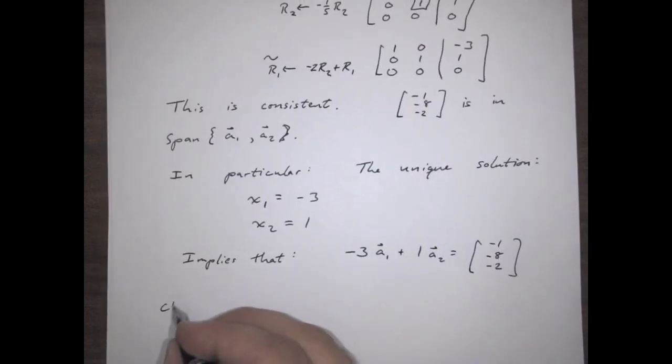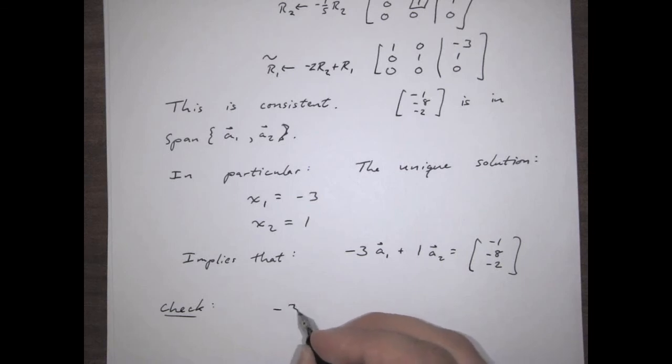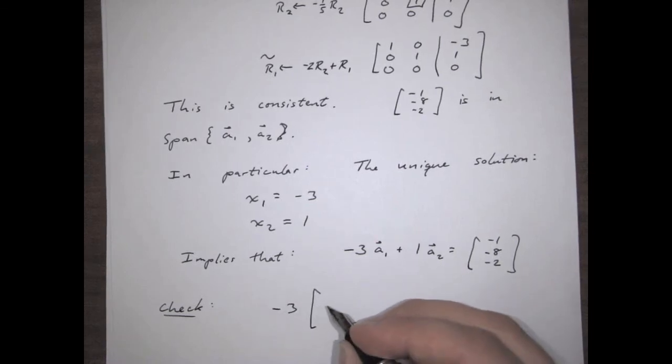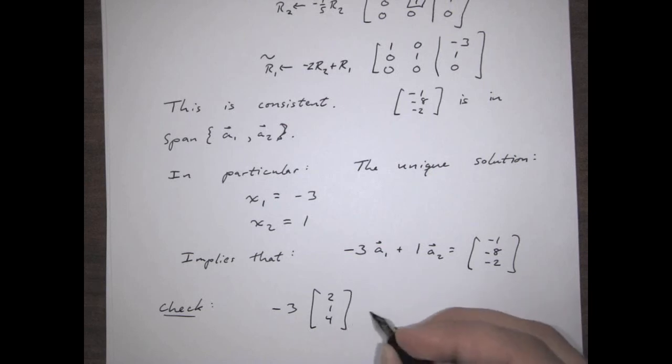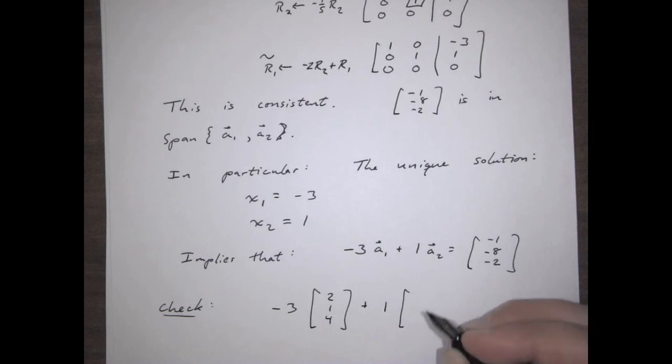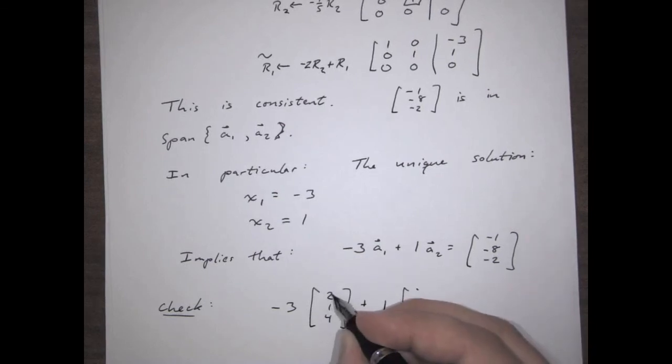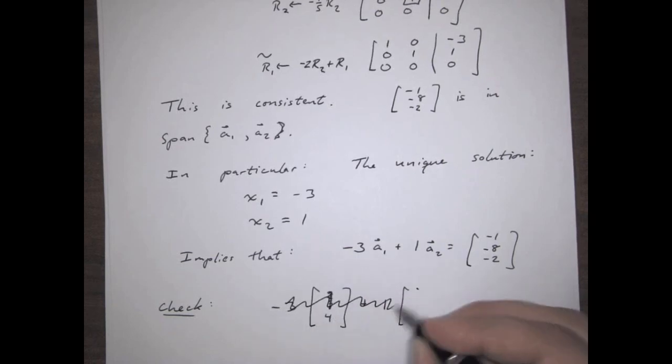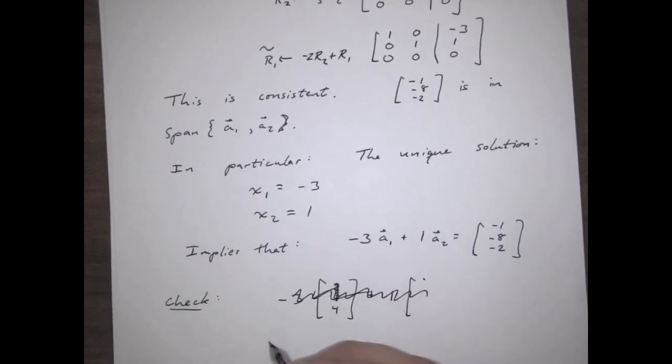And we can check. We can check that by going -3 times A1, which was 2, 1, 4, plus 1 times, sorry, this one was 1, 3, 2. Here, let's start that over again. Scratch that.